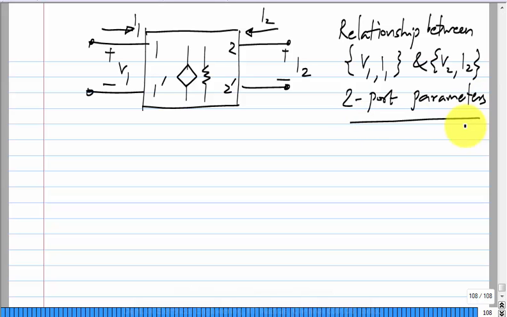Any questions? It is exactly like the resistance of a one port. You have one port, you have one number to describe it. You have two ports, you have two voltages and two currents, and you have four numbers to describe the relationships. If you have three ports, how many? 9. Yeah, there will be 9 numbers, right? Because you have basically 3 voltages and 3 currents.